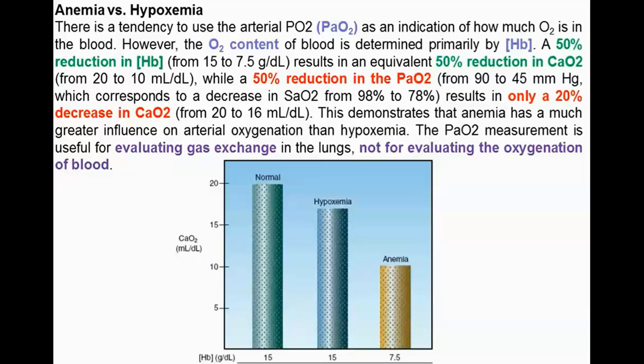While when we decrease the hemoglobin by 50%, with the same PO2 and saturation 100, the oxygen content decreases by 50%. It's clear? So anemia is much more critical than hypoxemia.